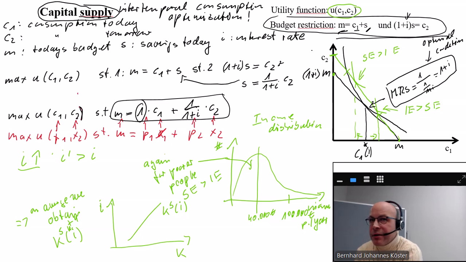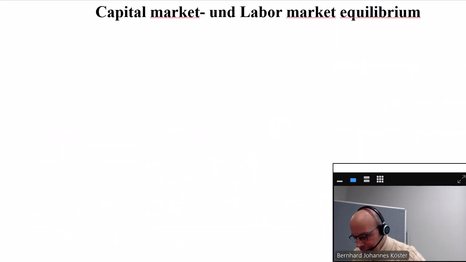Well, and now we have everything together. We have the labor market and the capital market: labor demand, capital demand, labor supply, and capital supply.